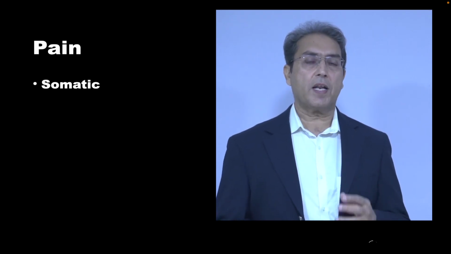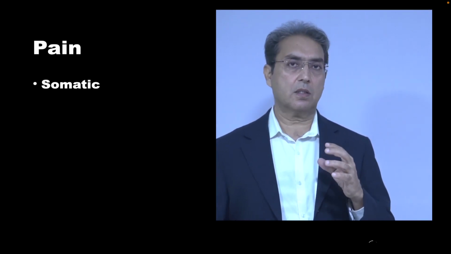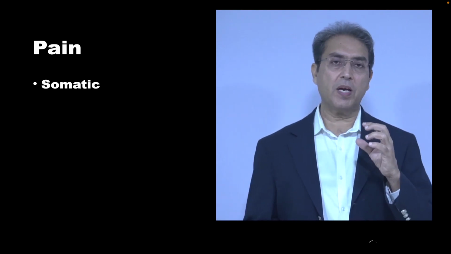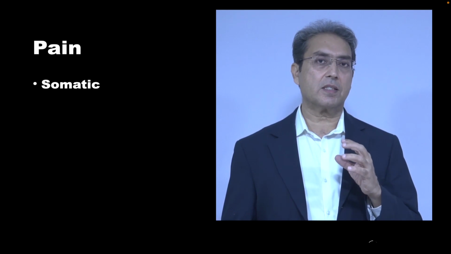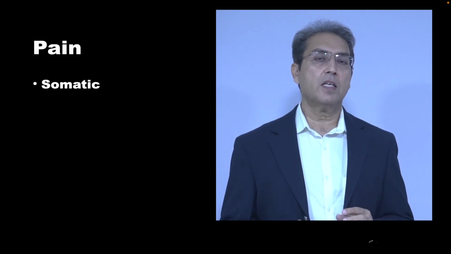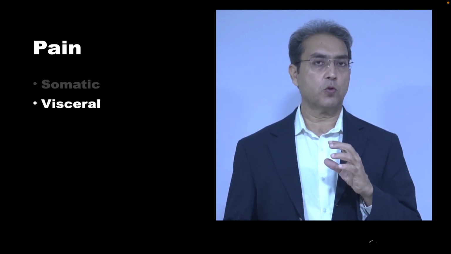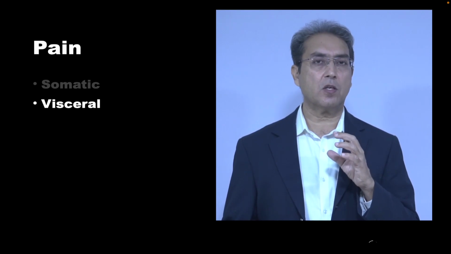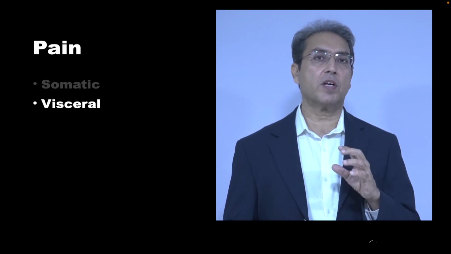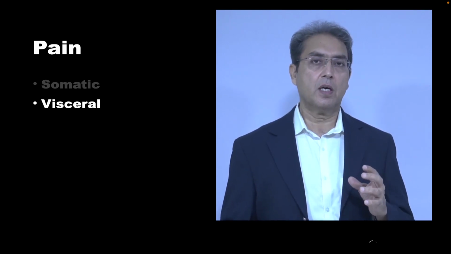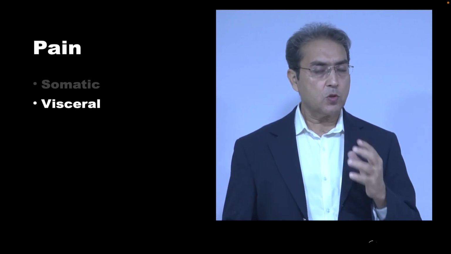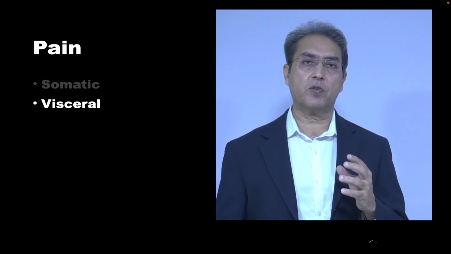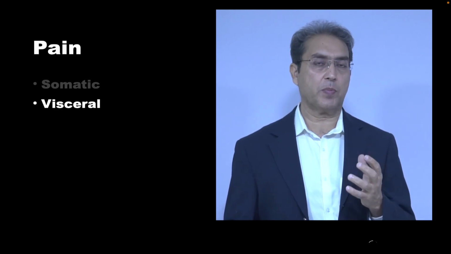In somatic pain, the pain is very sharply localized and the patient can point to exactly the site of the pain, while visceral pain is diffuse and ill-localized; the patient cannot exactly pinpoint where the pain is, and visceral pain may also have associated autonomic features. Somatic pain can also have autonomic features if the patient has severe pain.